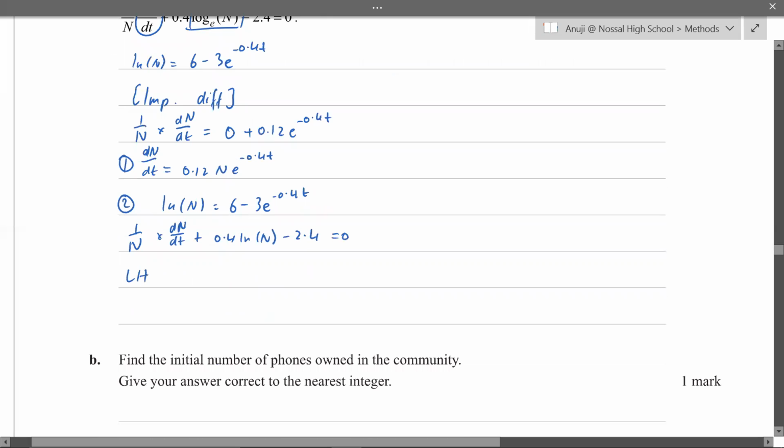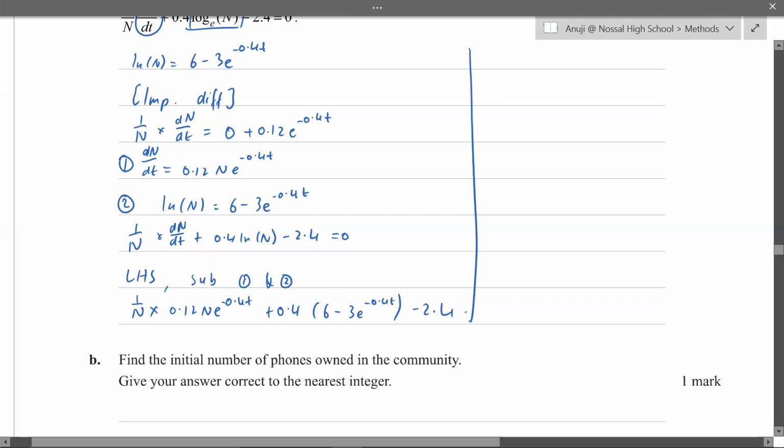So the left hand side, and we want to substitute 1 and 2. So 1/n times 0.12n e^(-0.4t) plus 0.4, and then ln n is 6 minus 3e^(-0.4t), minus 2.4. You can tell that the n's will cancel here, and this term will cancel with this term.